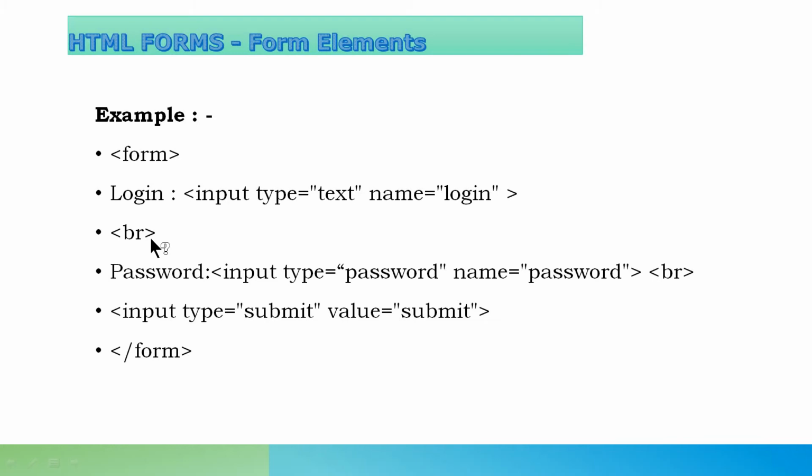Then we have used the break line tag to go to the next line. Then the password input tag, type is equal to password, is taken, then name also we have taken as password, then the break line tag is used.